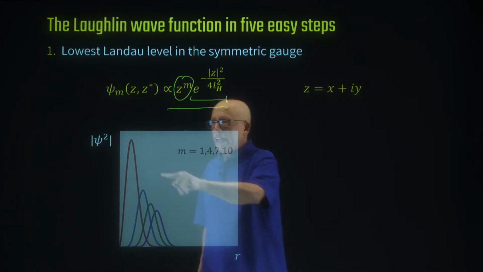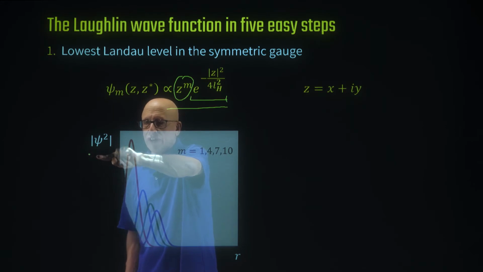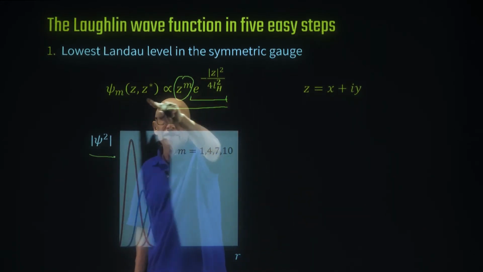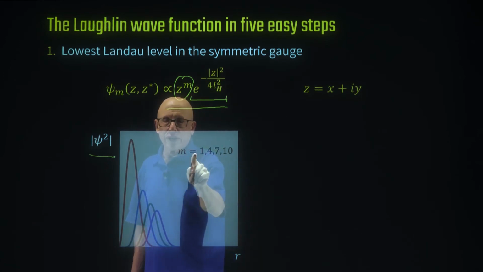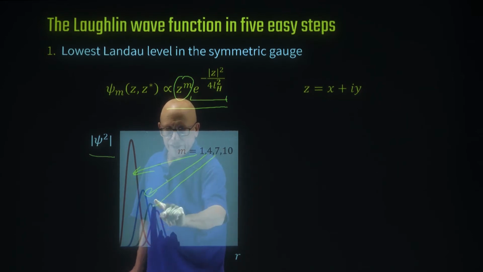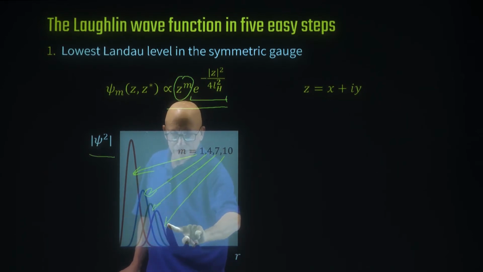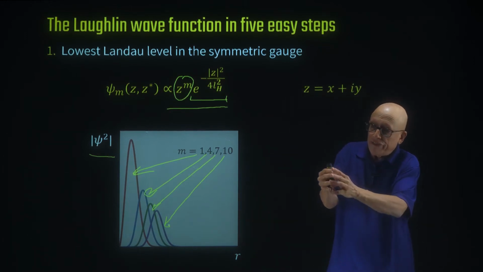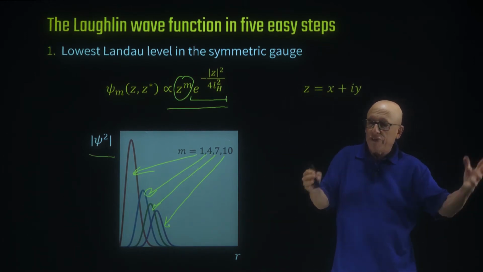If you look at the absolute value of the wave function squared, for m equals 1, m equals 4, m equals 7, and m equals 10, you see, first of all, that the larger m is, the farther the wave function is from some origin.